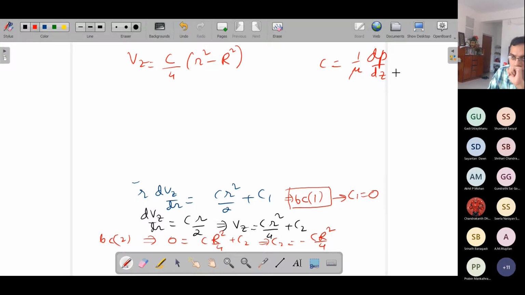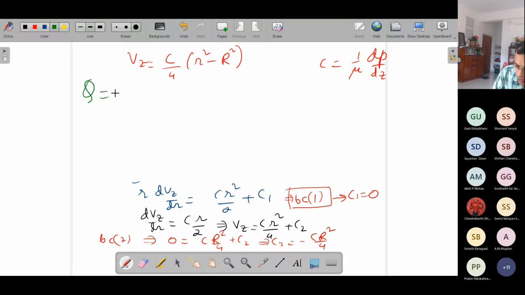So you can relate this C with average velocity by noting that it is easier to measure the flow rate and hence the average velocity instead of measuring the pressure gradient. So what is the flow rate?